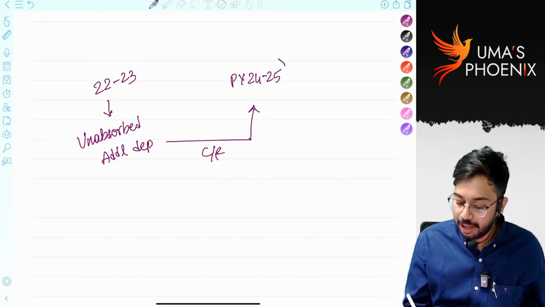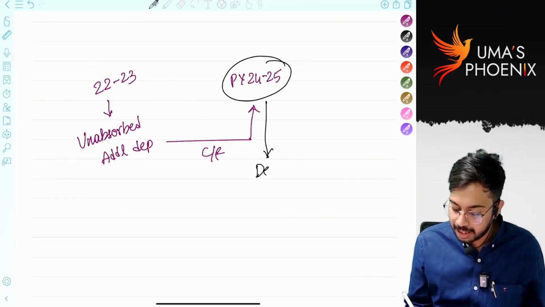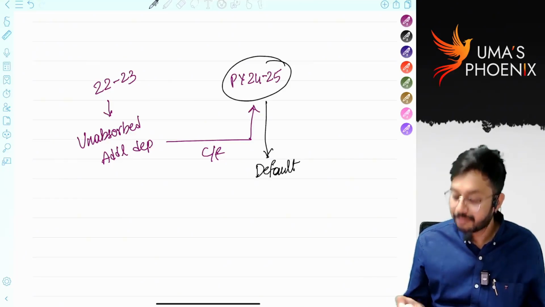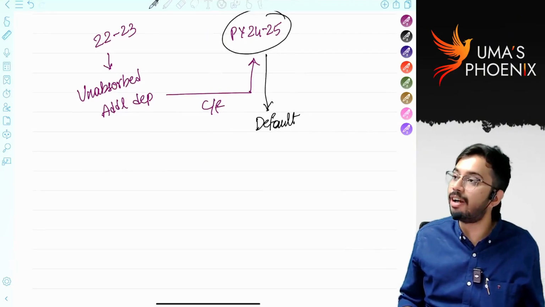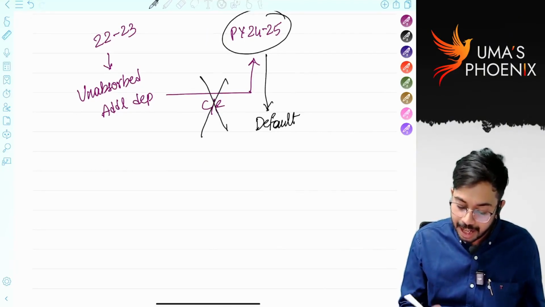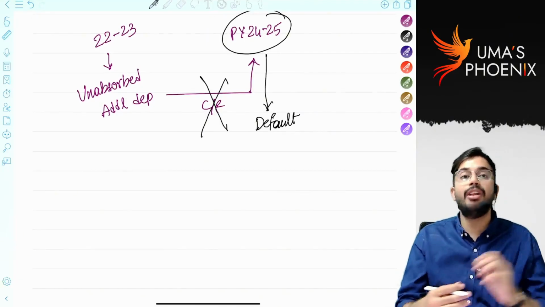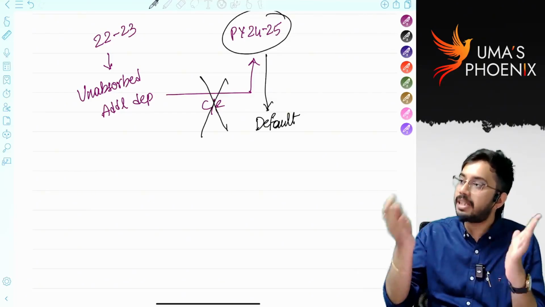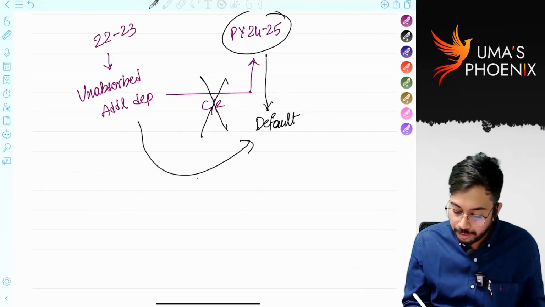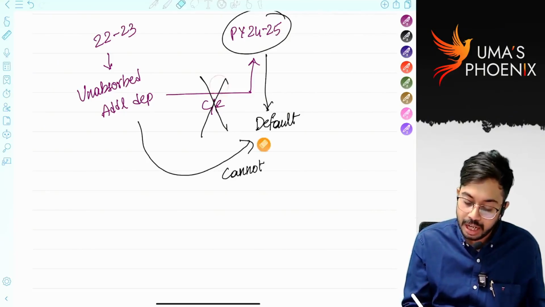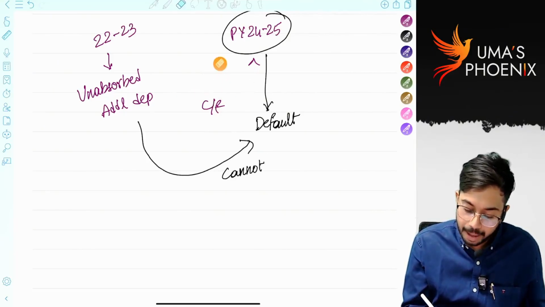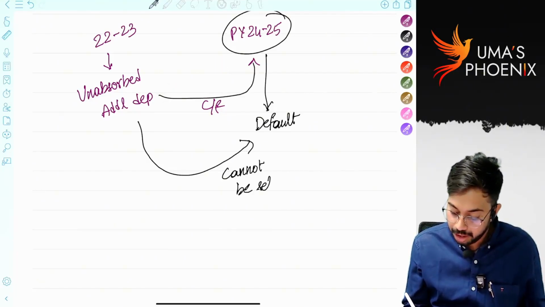In 24-25, SSC is paying taxes under default tax rates. If SSC pays tax under default tax rates, additional depreciation cannot be set off. Even though it comes forward, it cannot be set off. Whatever brought forward unabsorbed depreciation is there, I am sorry, it can be carried forward, but it cannot be set off.